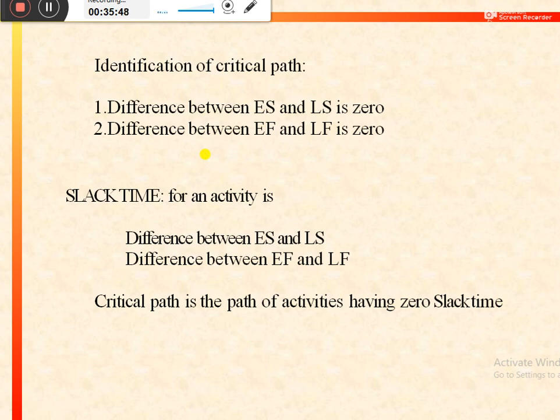If the differences between earliest start and latest start, and earliest finish and latest finish, are equal to 0, it means that path is the critical one, or we need to give more attention or more focus to that particular path and the activities of that path.